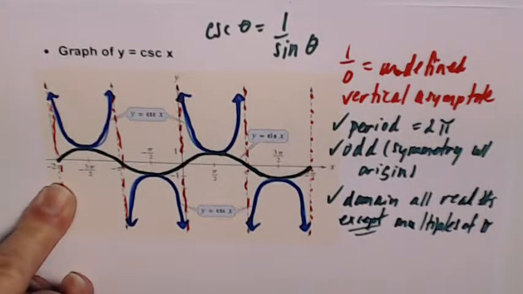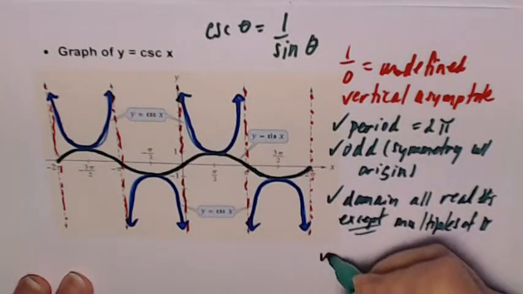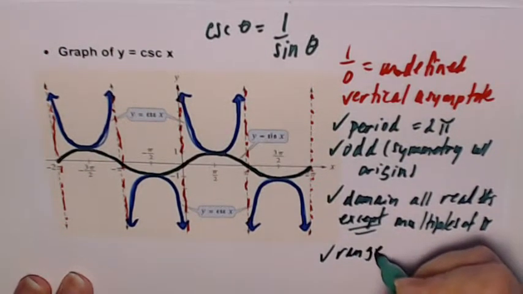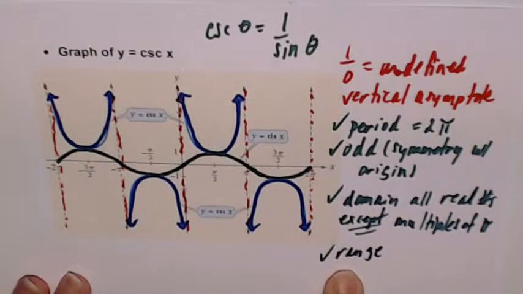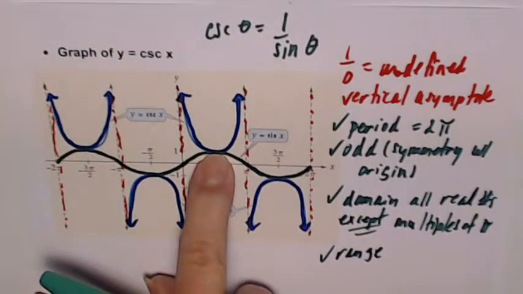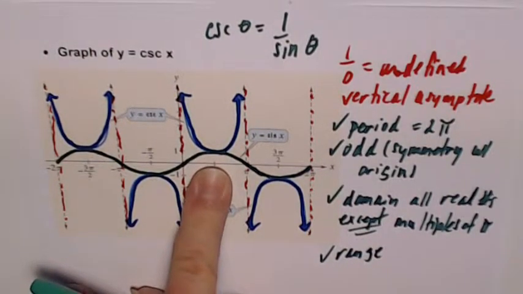In terms of the range, the range for sine was 1 to negative 1. We could see that here. We just fluctuate between 1 and negative 1.